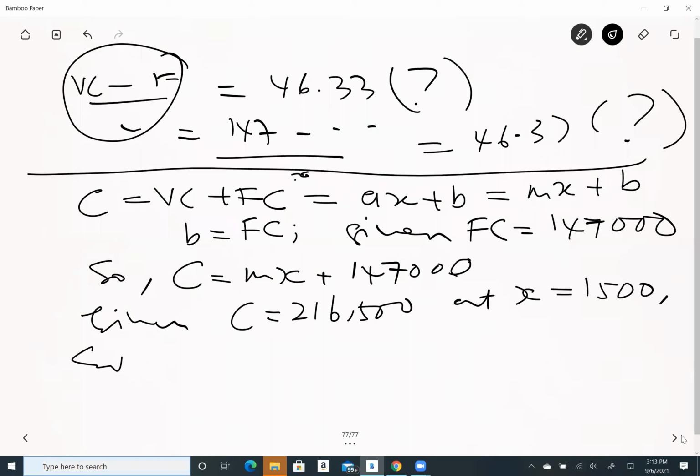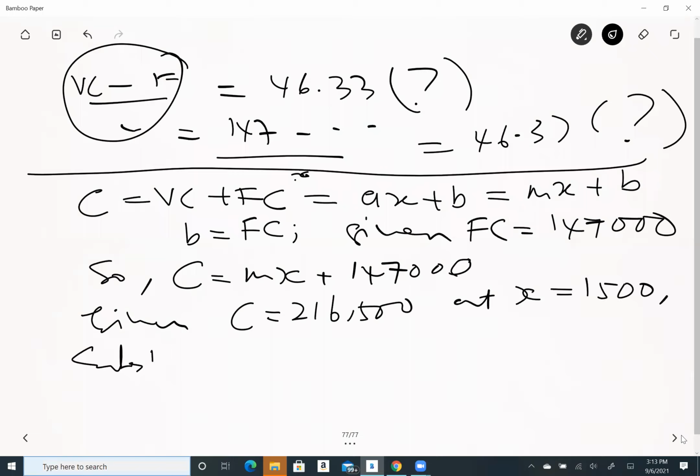So substitute into C. What do I get? I get 216,500 equal to M multiplied by 1500 plus 147,000.